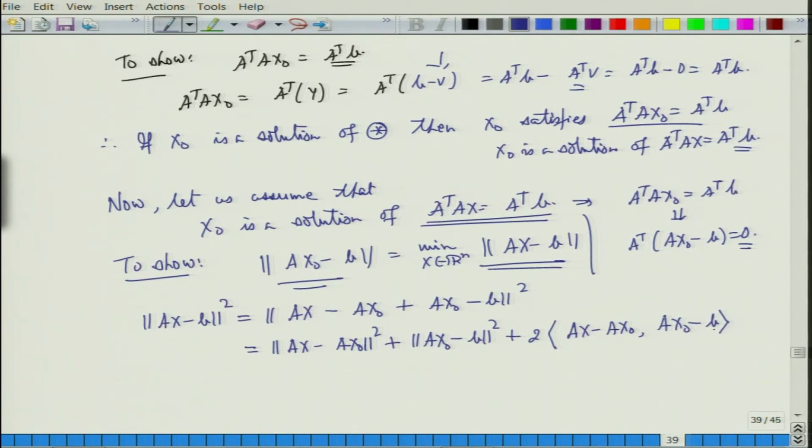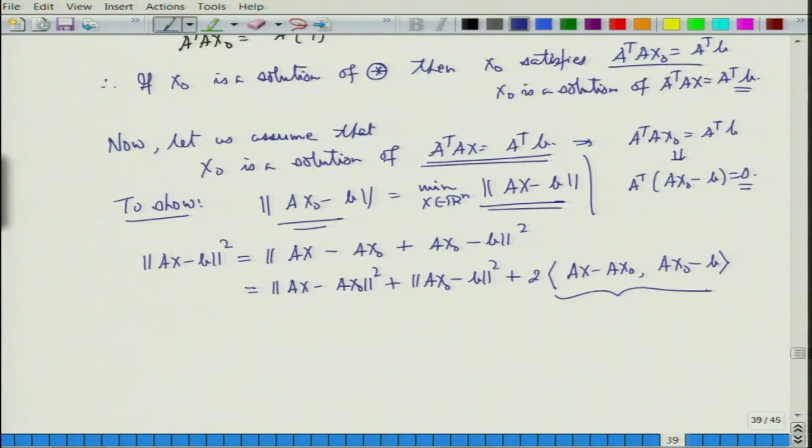This is what we will have. Fine. That is the way we will be decomposing, that u and v are there. Then if I write u plus v comma u plus v, the norm of u square plus norm of v square plus 2 times inner product between u and v. All right, that is what we have been doing.